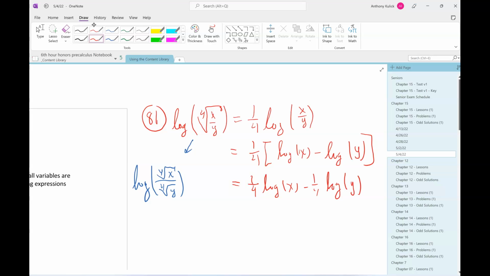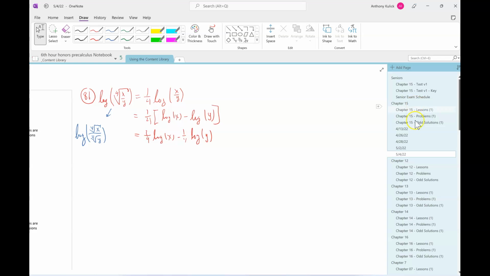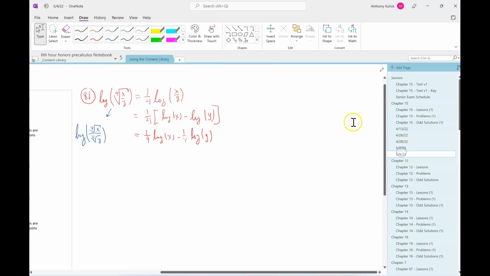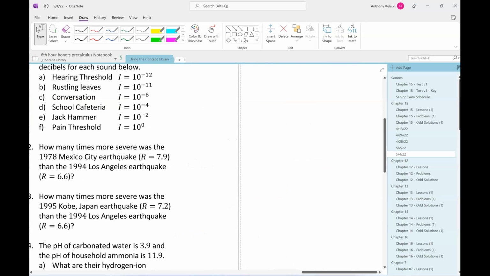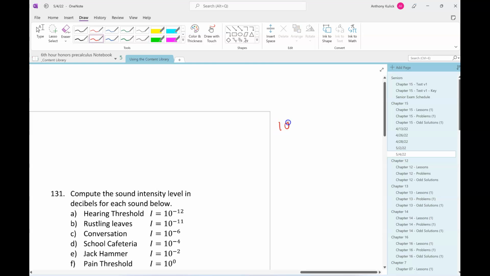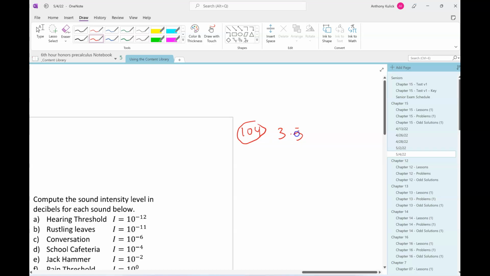Number 104. Okay, 104 says 3 times 5 to the negative x over 4 equals 15.